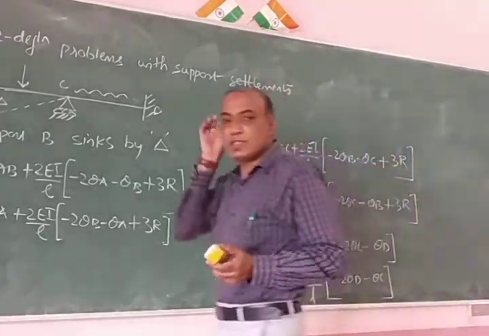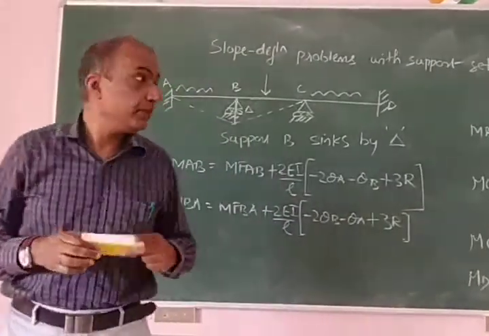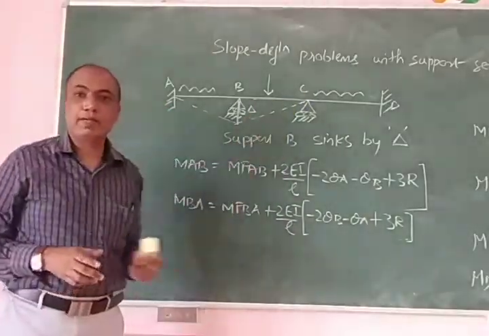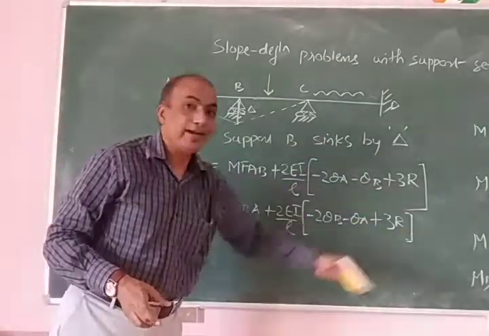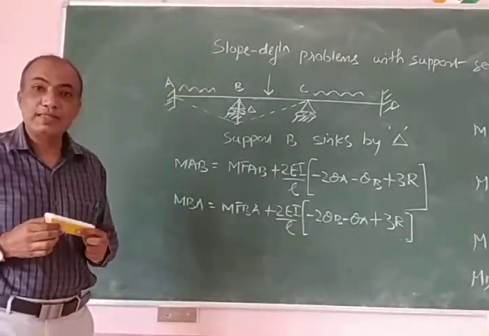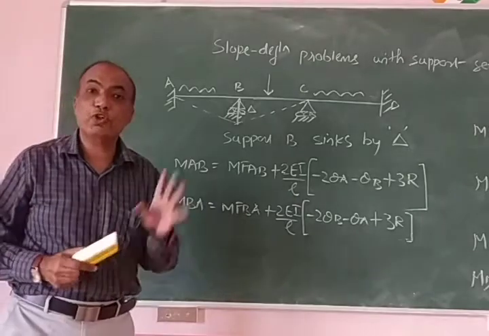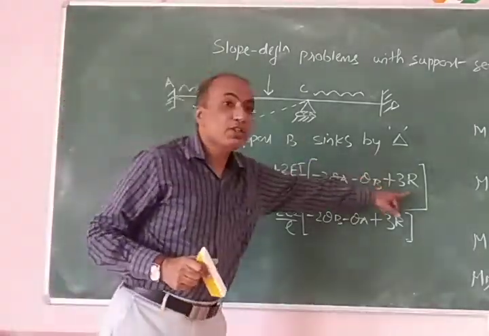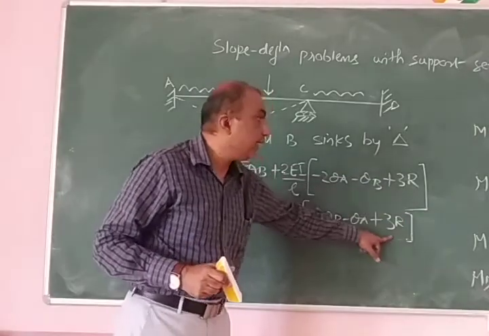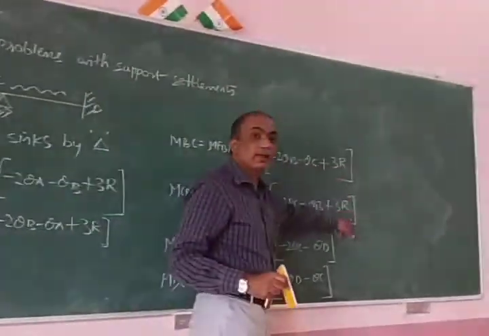Now if you look at the slope deflection equations I have written for all three members, that is 6 slope deflection equations: 1, 2, 3, 4, 5, 6. The first 4 equations contain the new term, 3R.